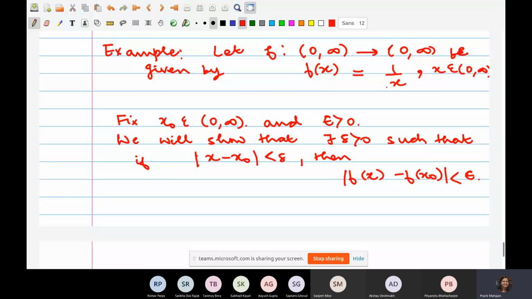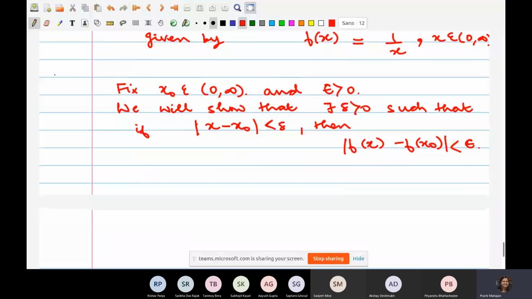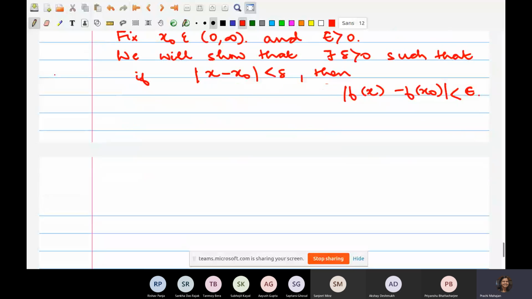And we are given f explicitly, so I am going to write that down. So everybody is with me up till this point? Is that a yes for everybody present here? Yes, ma'am.